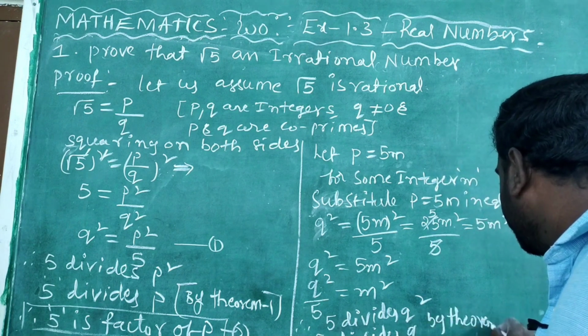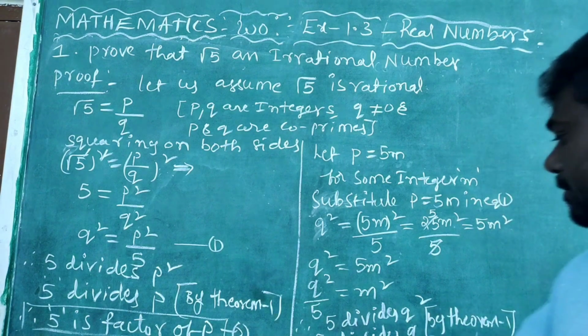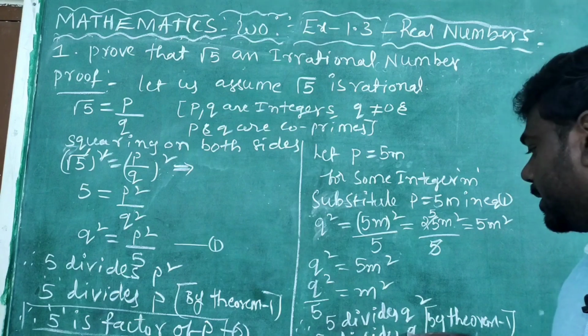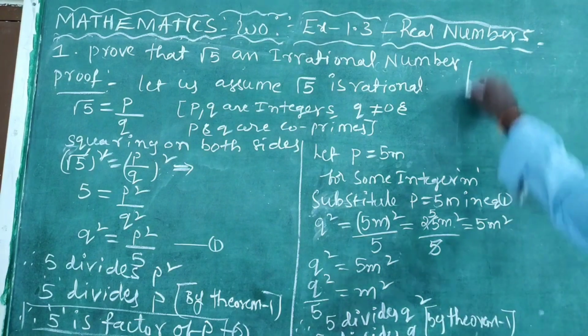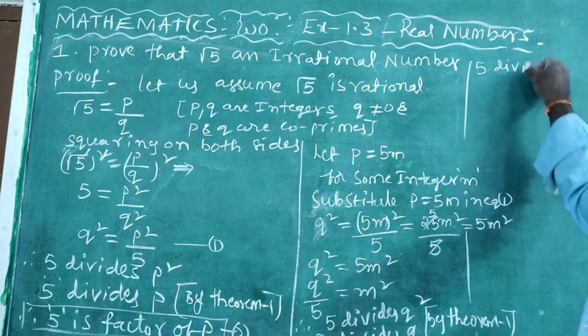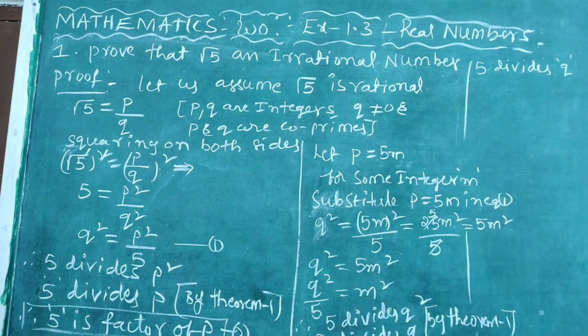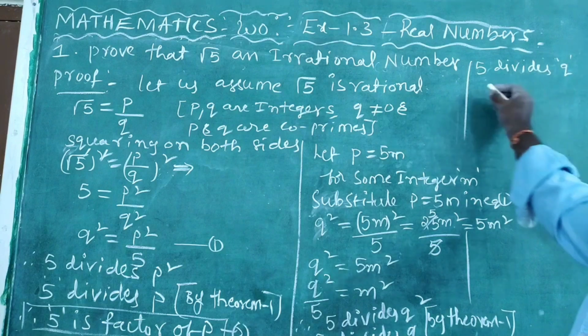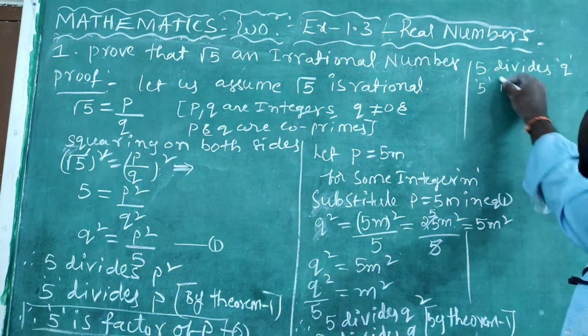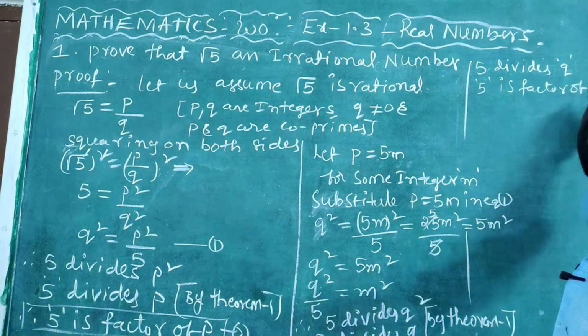Understand? So 5 divides Q by theorem 1. 5 divides Q means 5 is a factor of Q. Therefore 5 is a factor of Q. It is equation 3.